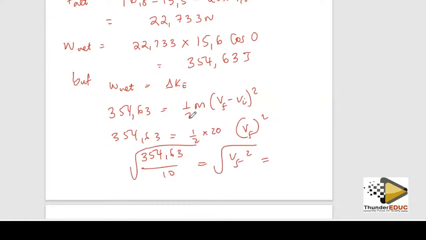The square root of 85.463 is giving me 5.955, which is approximately 5.96 meters per second. Okay, so that is what I'm getting.